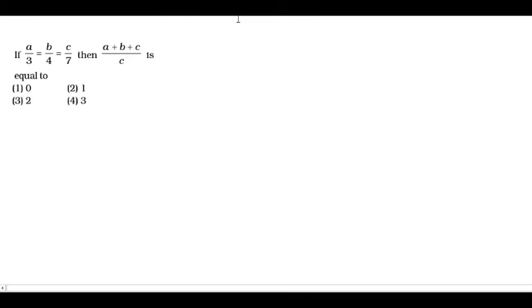This is a very basic question. Whenever they ask the question, you can just replace the values by whatever they are giving in the denominator. So a by 3 plus 4, c by 7 by 7, 14 by 7, that is equal to 2. It's very simple.